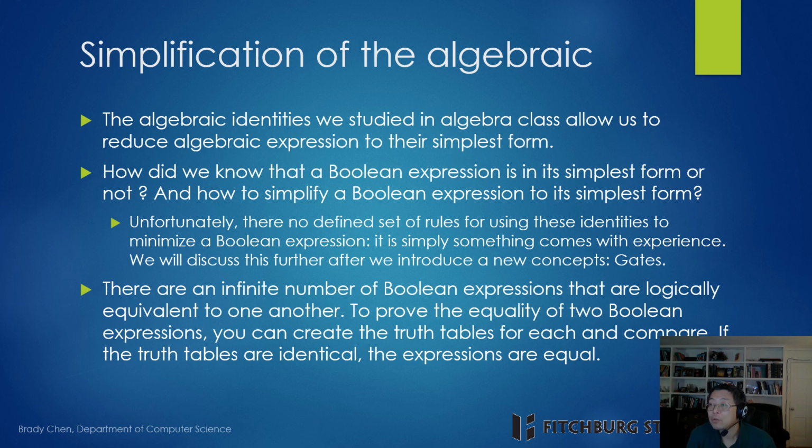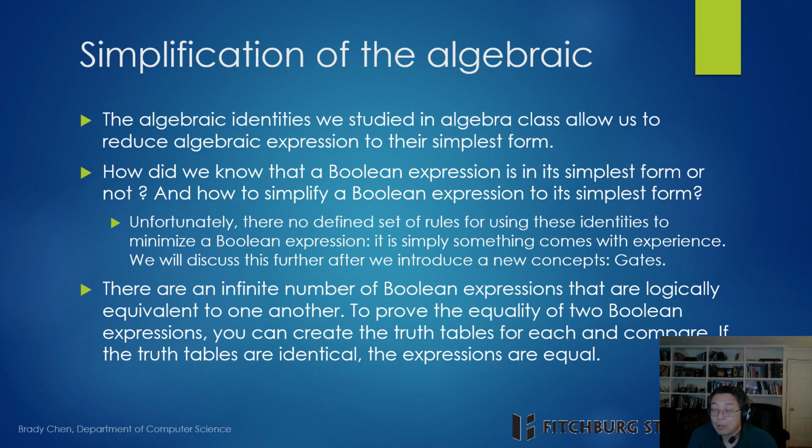And how to simplify the Boolean expression to its simplest form? Now, what's the definition? Unfortunately, there's no defined set of rules for using these identities to minimize the Boolean expression. It's simply something that comes with experience.